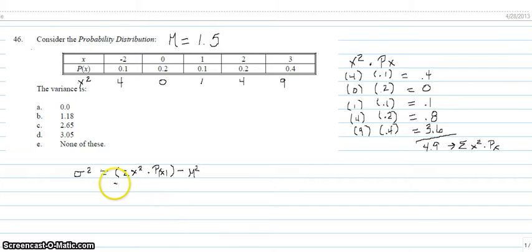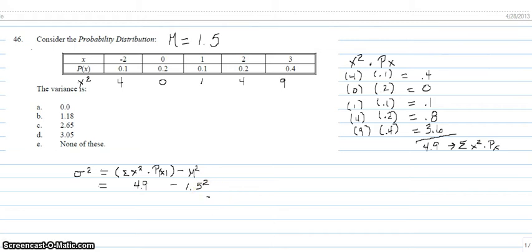Let's go over here to our formula. So we know that the first part now equals 4.9. Now we have to subtract our 1.5, which is what we figured out in problem 45, and that needs to be squared.